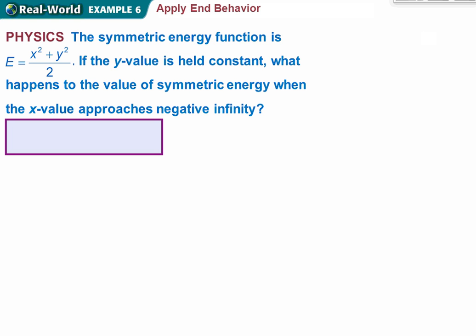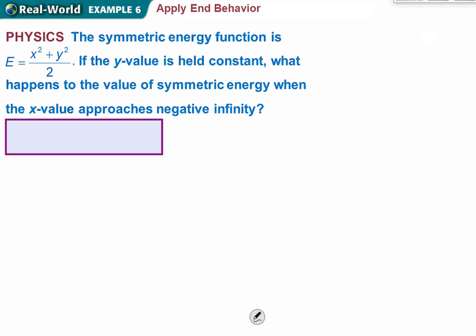We're allowed in this case, if we're holding y constant, to pick a value for y. And even if all of us pick different values, eventually, as x approaches negative infinity, the same thing is going to happen in either case.